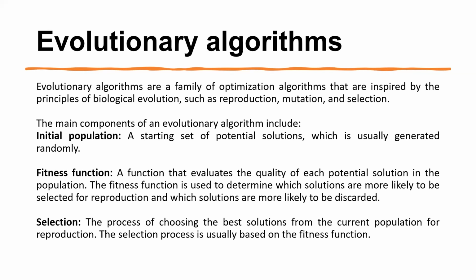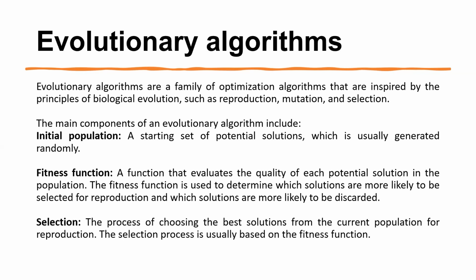The next one is the fitness function, which evaluates the quality of each potential solution in the population. So you select a single member from the full population space, and check whether it is fit to be continued in the process for the next steps.